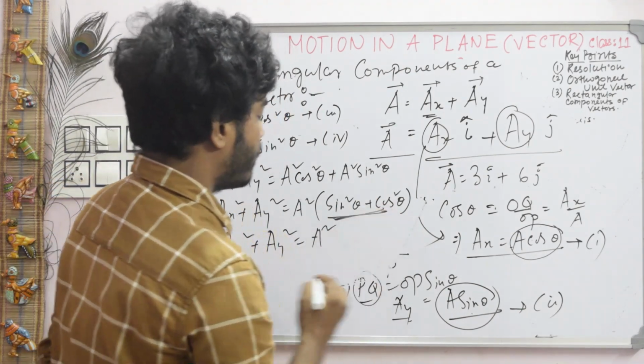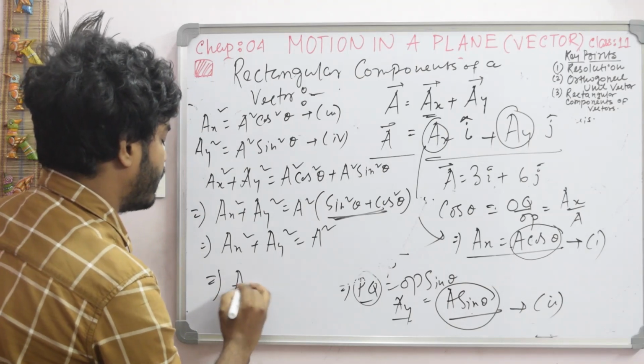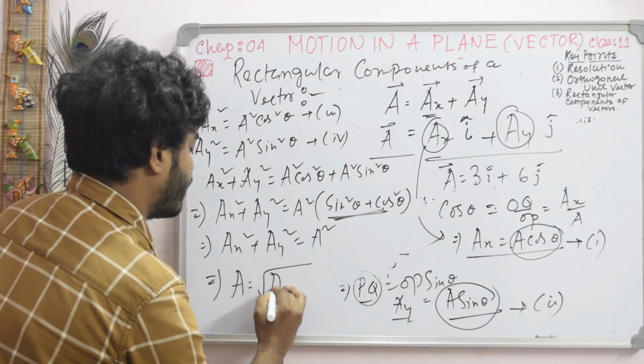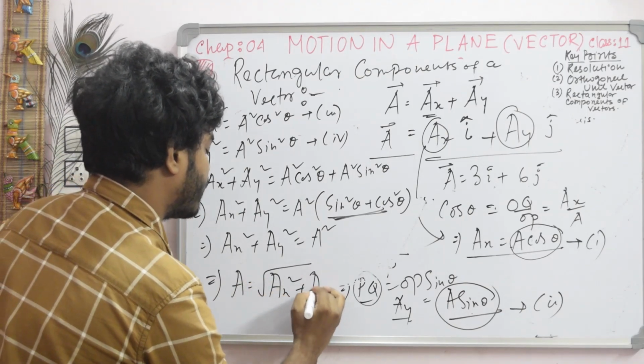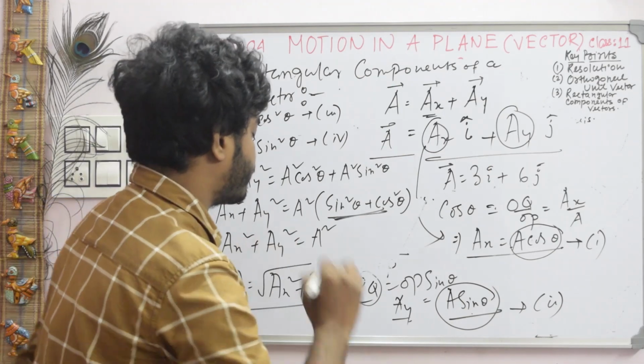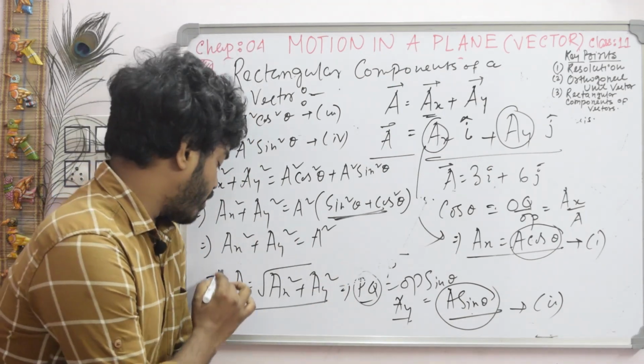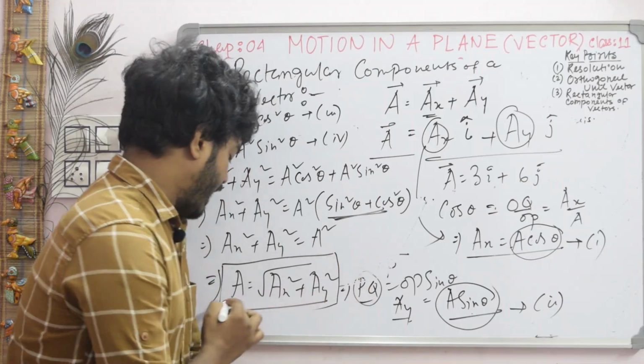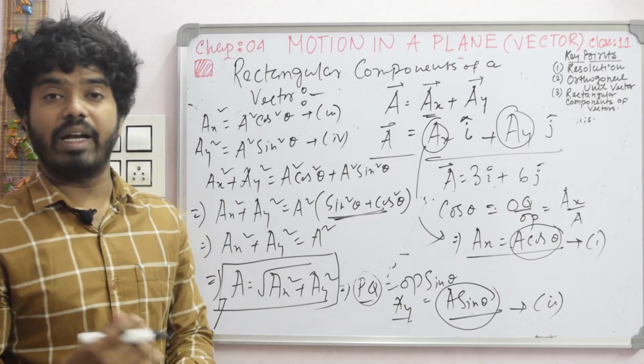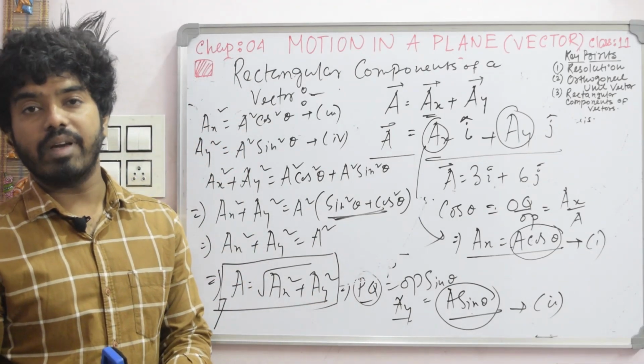This value gives 1. So from here you can say A is equal to root under Ax square plus Ay square. This is another form, and this equation gives the magnitude value of a vector. How to find the magnitude value of a vector?